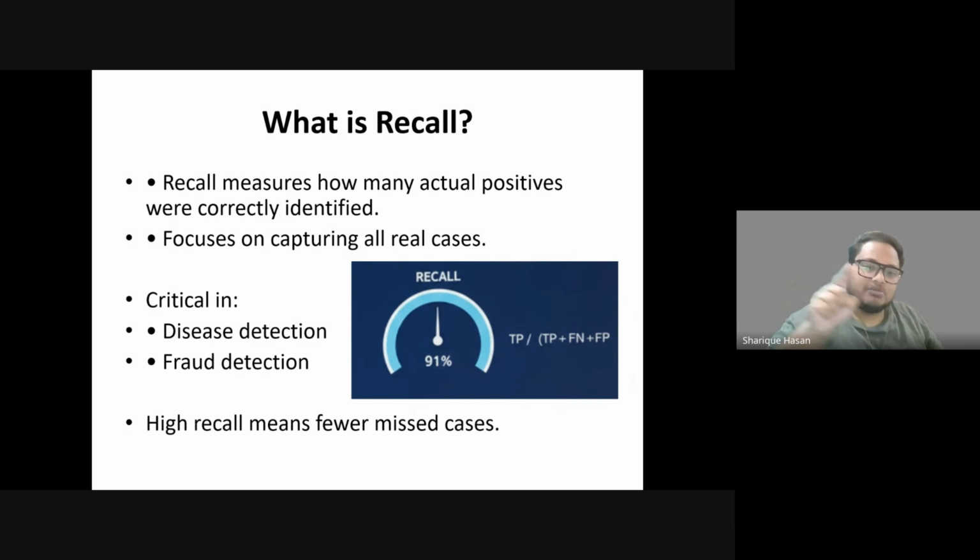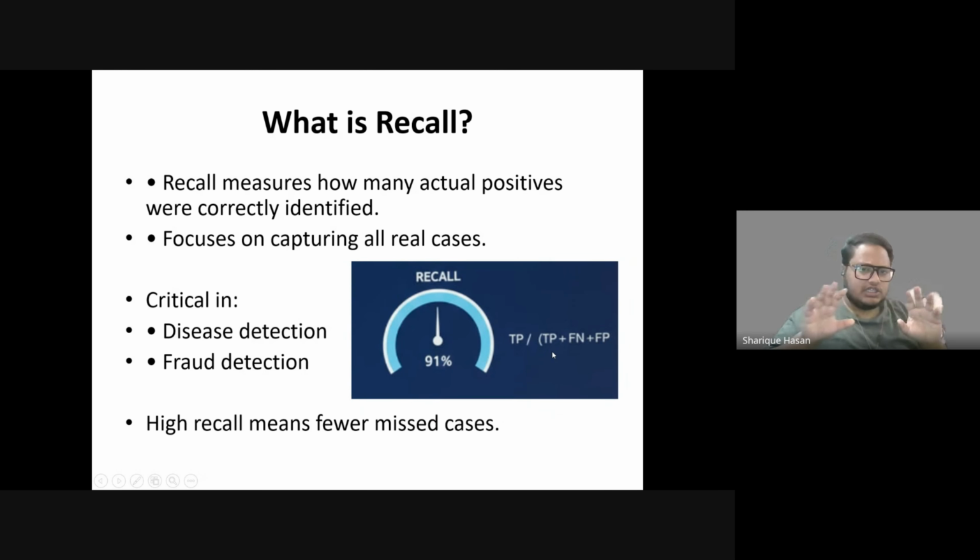So there can be some positive or correct answers in our remaining 30 questions. That part which is actually correct but predicted wrong by our ML model is called false negative.